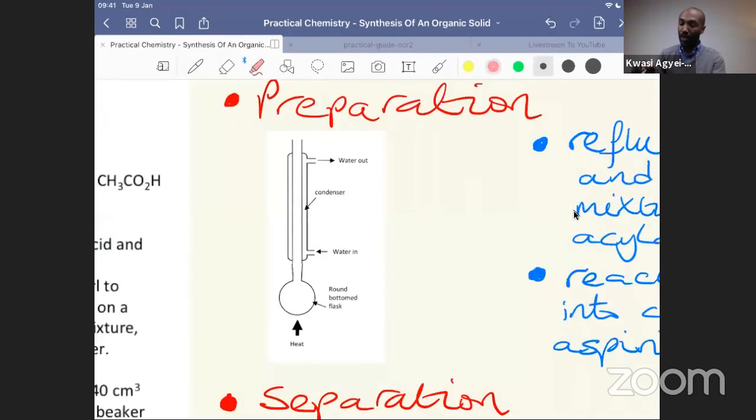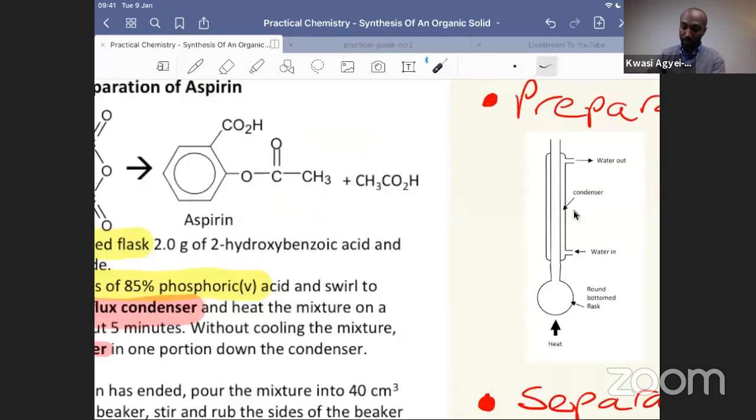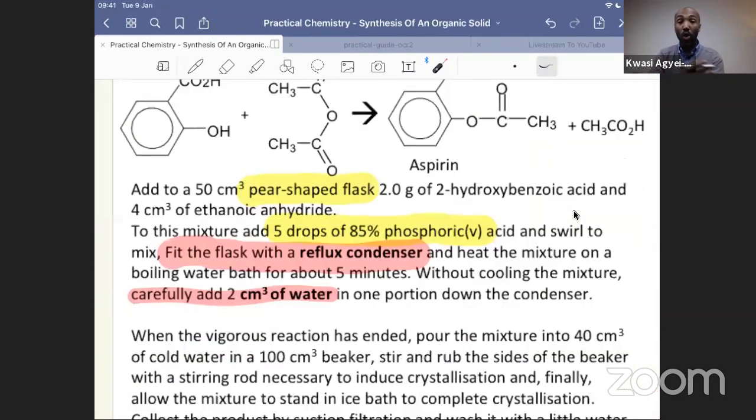You've got that end of your condenser open, and that allows you to actually add liquids down the middle of the condenser to your flask. Okay, so you're going to be adding 2 centimeters cubed of water down here, and what you're doing in adding your 2 centimeters cubed of water is you're actually hydrolyzing any excess ethanoic anhydride.